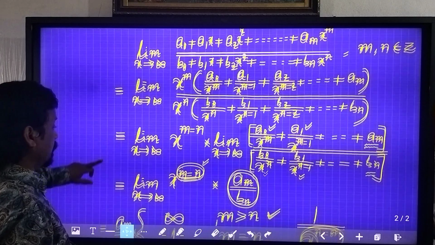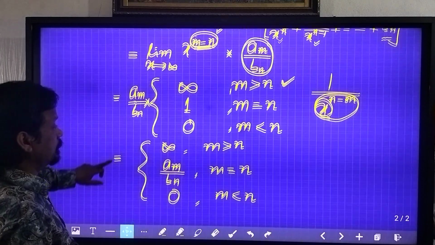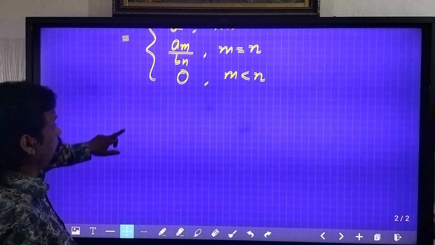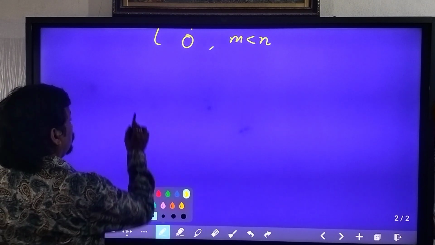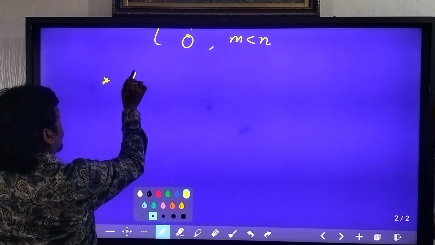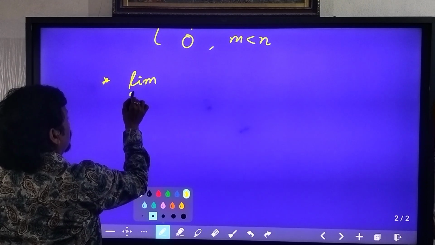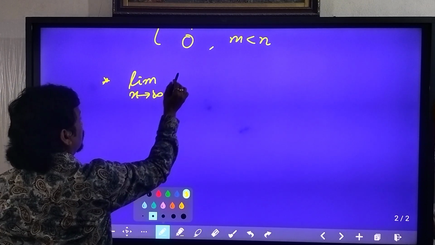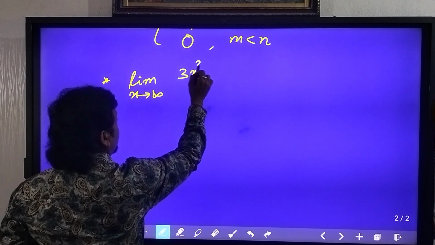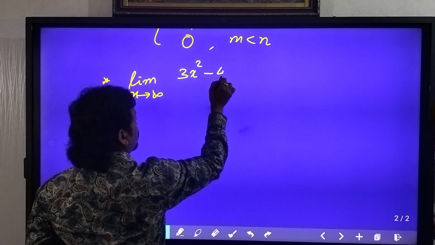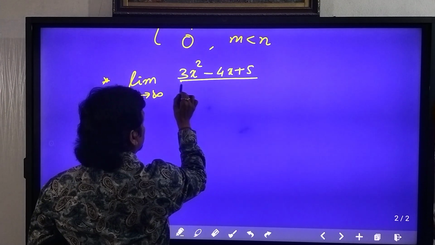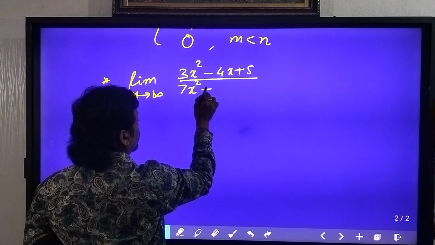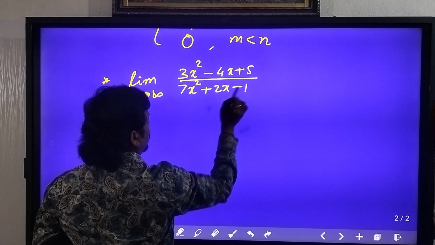Okay. So see here, I am giving examples of how to write the answer directly. Limit x tends to infinity, 3x square minus 4x plus 5 divided by 7x square plus 2x minus 1.